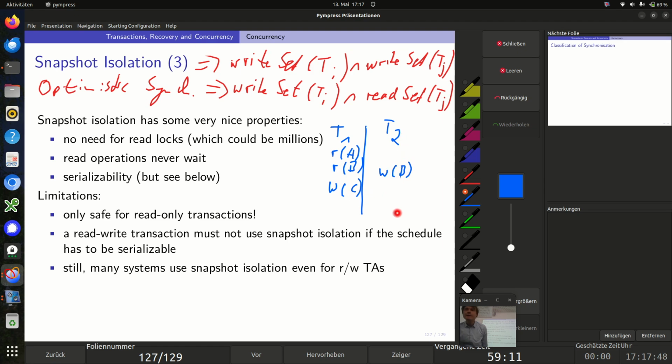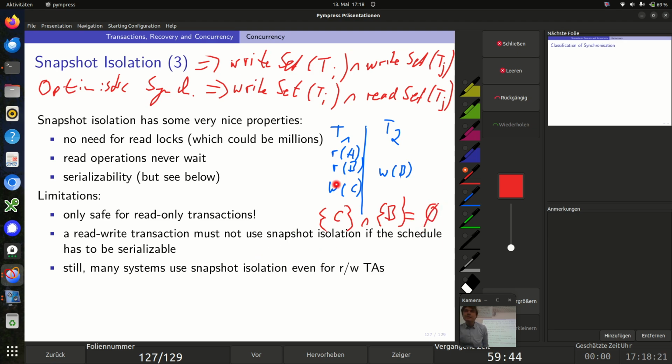So the write set of T2 is actually only B, and the write set of T1 is actually only C. So with snapshot isolation, you only see two different tuples which have been modified. T1 has only C as write set, T2 has only B. So the intersect would be empty.